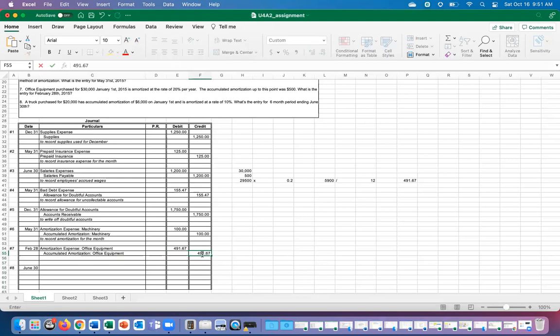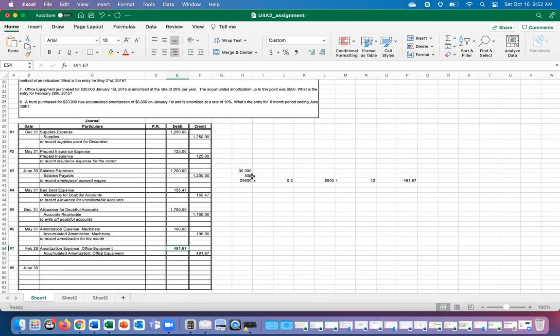And so now we know that over the month of February, our office equipment has lost an additional $491.67 of value. And so what makes this one different than the straight line is this number will not be the same for March. We'll have to do the March calculation based on the amount that has been lost since January and February.